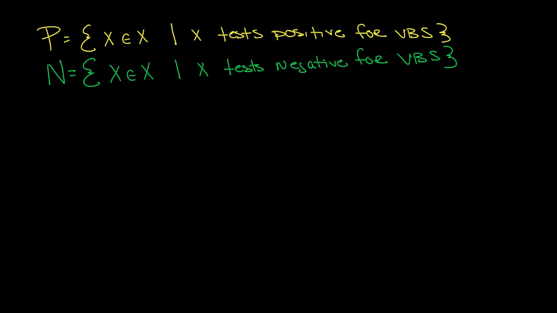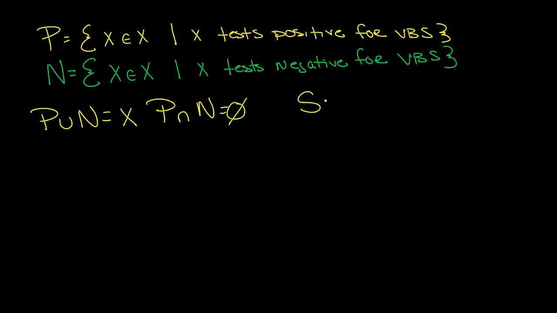Okay, now again, assuming the test is deterministic, notice again we have that P union N is everyone, and P intersect N is no one. Just like we had S union H is everyone, and S intersect H is no one.